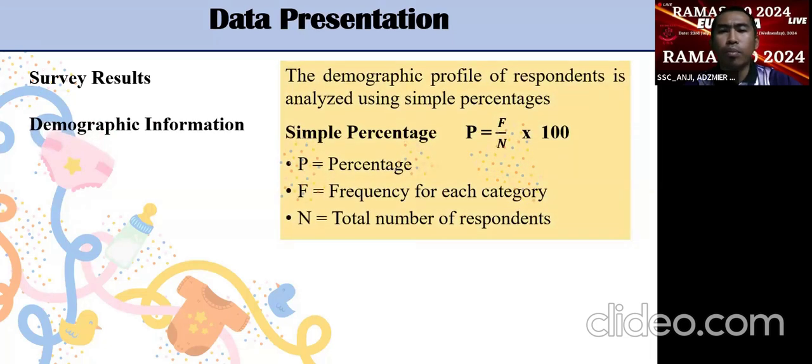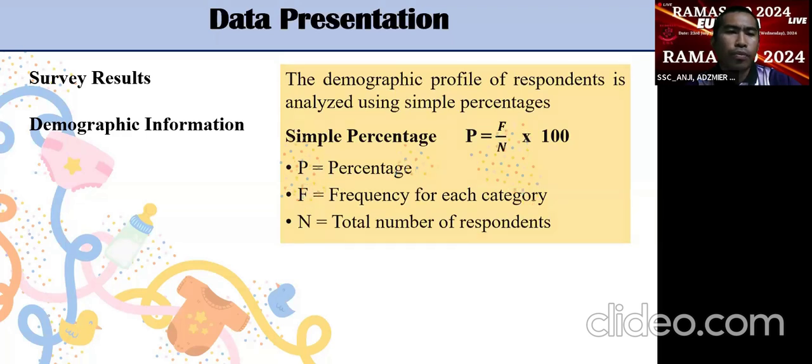The demographic profile of the respondents was analyzed using simple percentage. The simple percentage is equal to the frequency of each category divided by the total number of respondents, and then multiplied by 100 to get the percentage of the demographic profile.